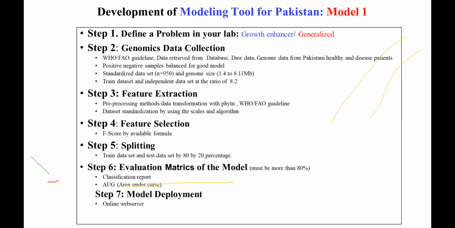You have to make sure that your model reaches 80 to 90% plus in your result at the end. 80 to 20% is not hard and fast, but in my own case I took 80 to 20% for building the machine learning model for prediction of probiotic and non-probiotic.